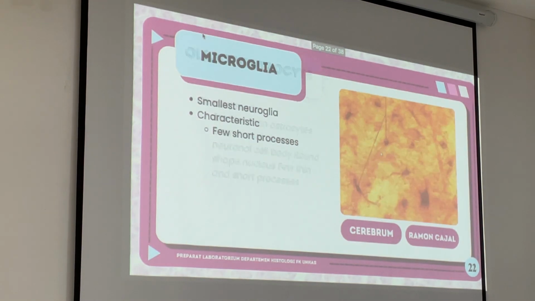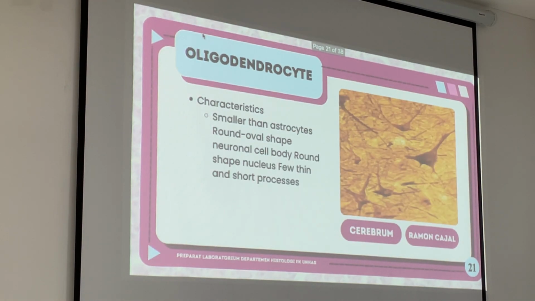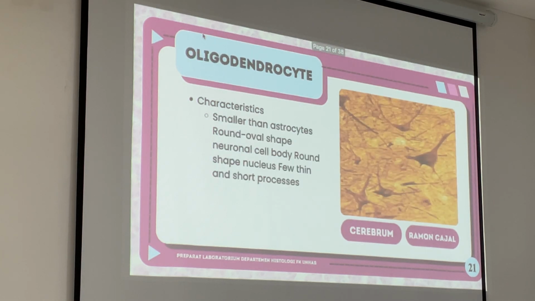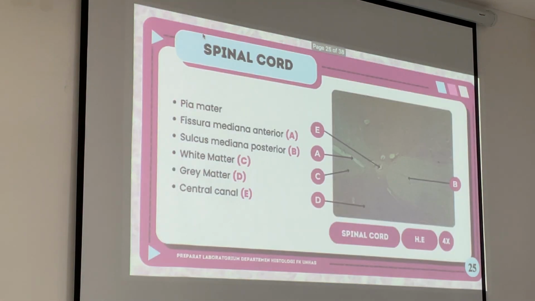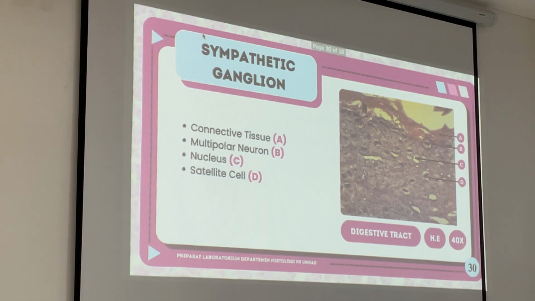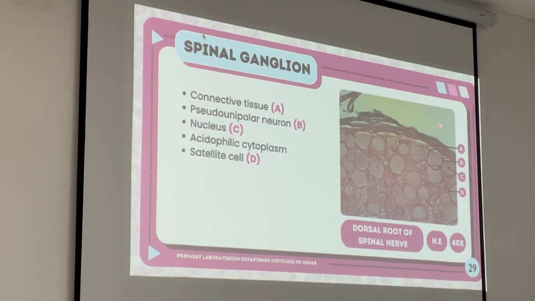And if we ask which one is the axon and which one is the dendrite, please mention the cells, which cells, the pyramidal cells, the astrocyte, or something like that. This one here is the nucleus of the sympathetic or spinal ganglion.